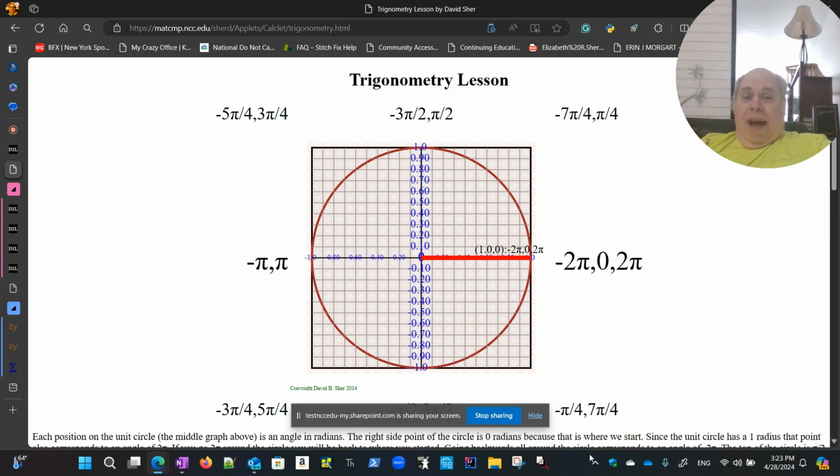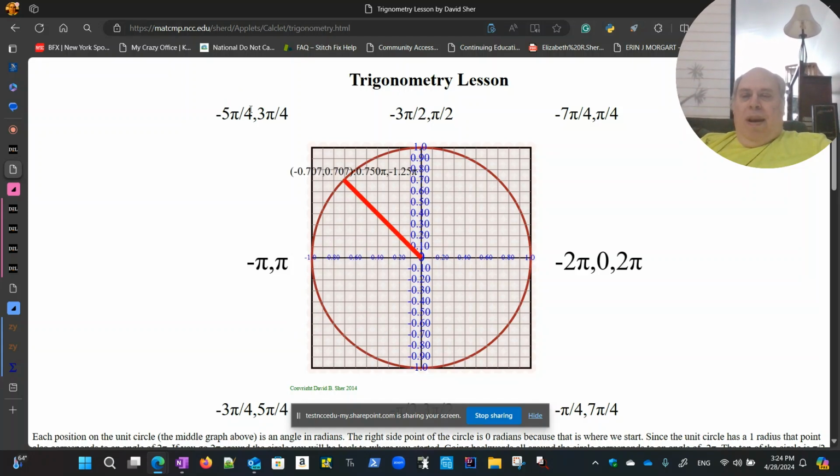But we can also go backwards. So going from here to here, we've just gone minus 1/4 of a pi. Going from here to here, we've gone minus 1/2 of a pi. This is going backwards 3/4 of a pi, and this takes us to minus pi.